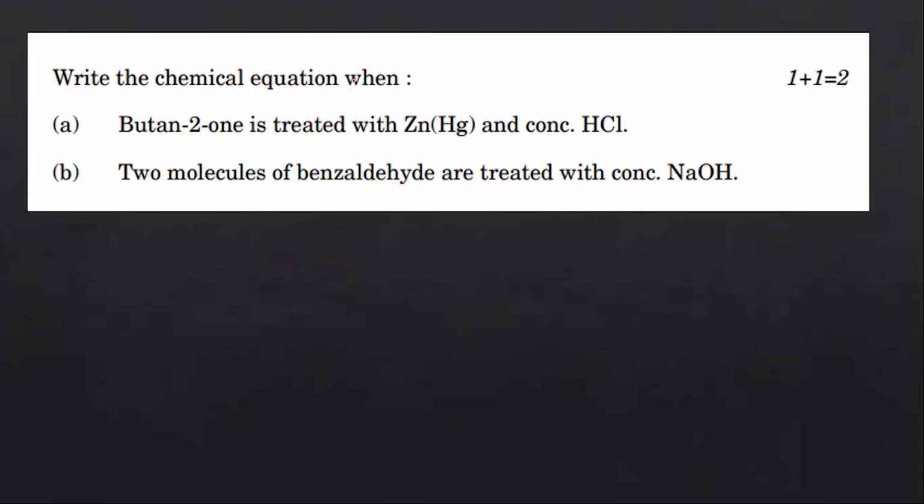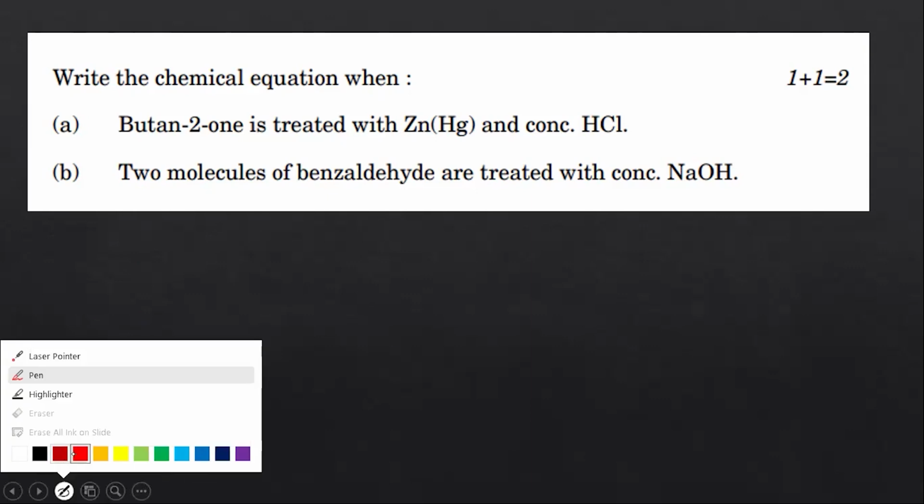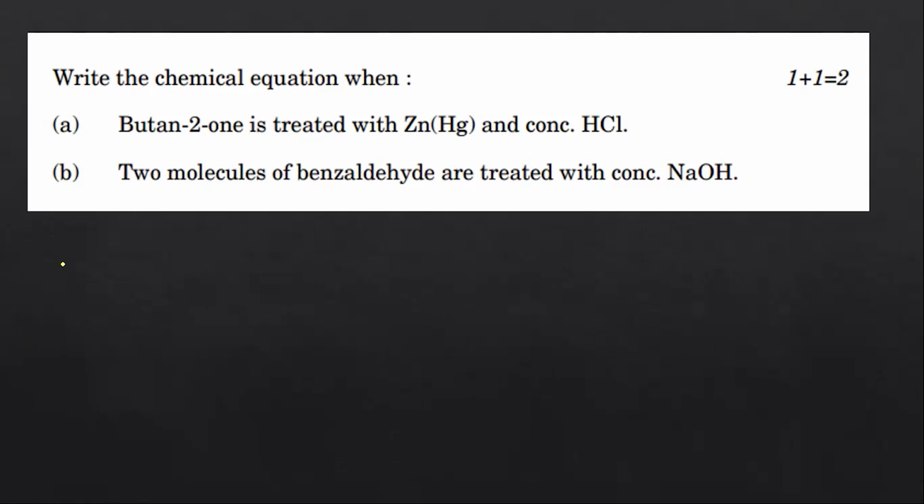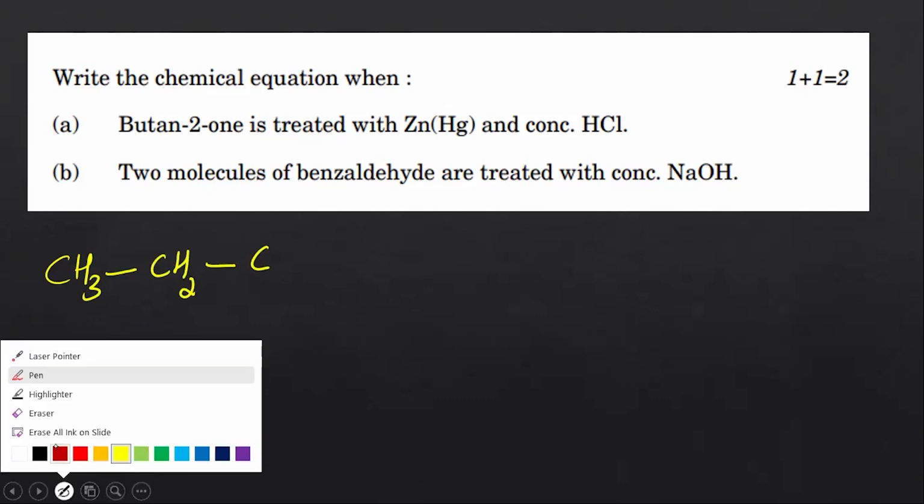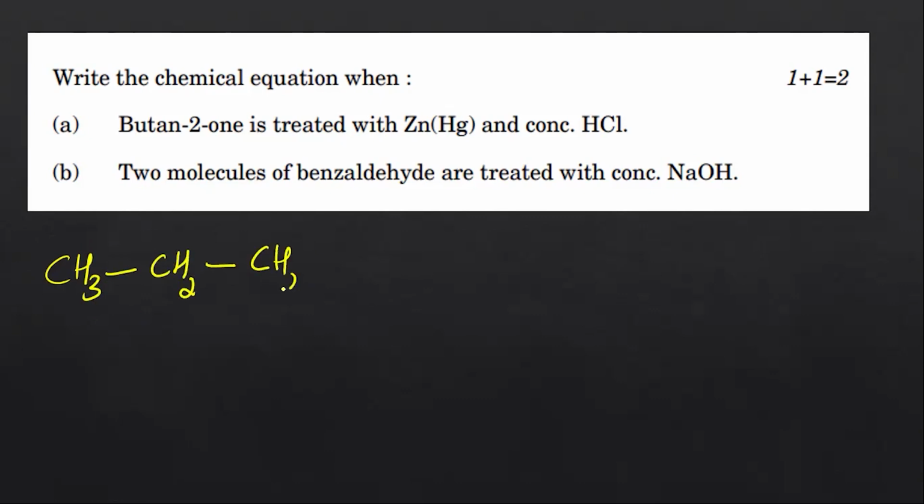Butan-2-one is treated with zinc amalgam, ZnHg, and concentrated HCl. So when we see this, just draw the butanone structure. What is the structure of butanone? CH3, CH2, C double bond O, CH3.